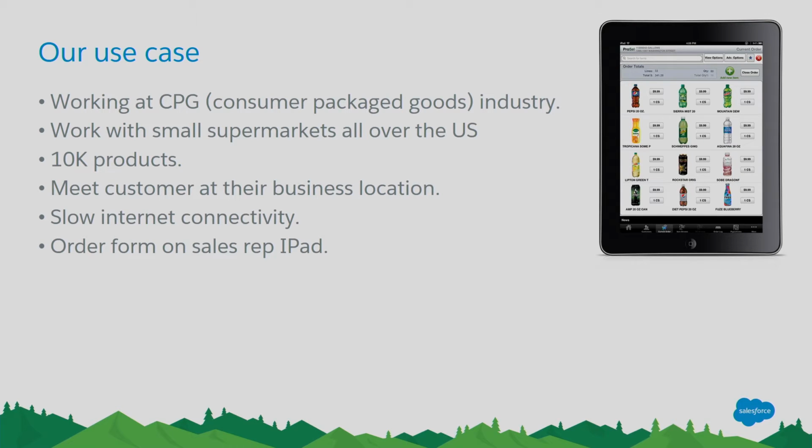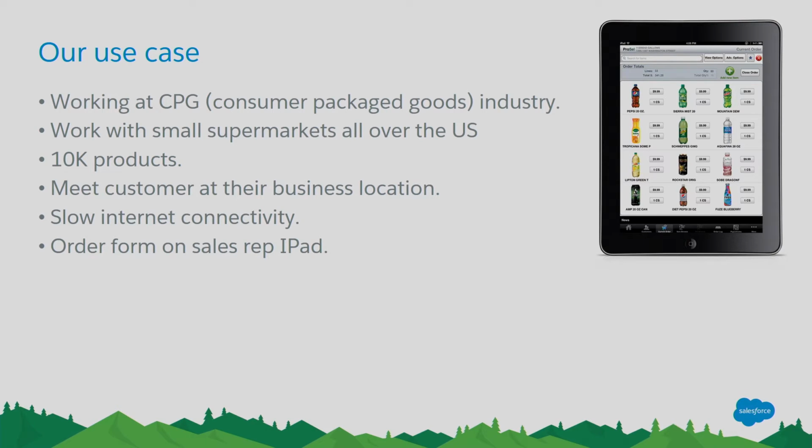General F&B is a B2B company which sells food and beverages to small supermarkets all around the US. We have a broad product line of about 10,000 products. And our sales rep meets each and every customer at their business location.